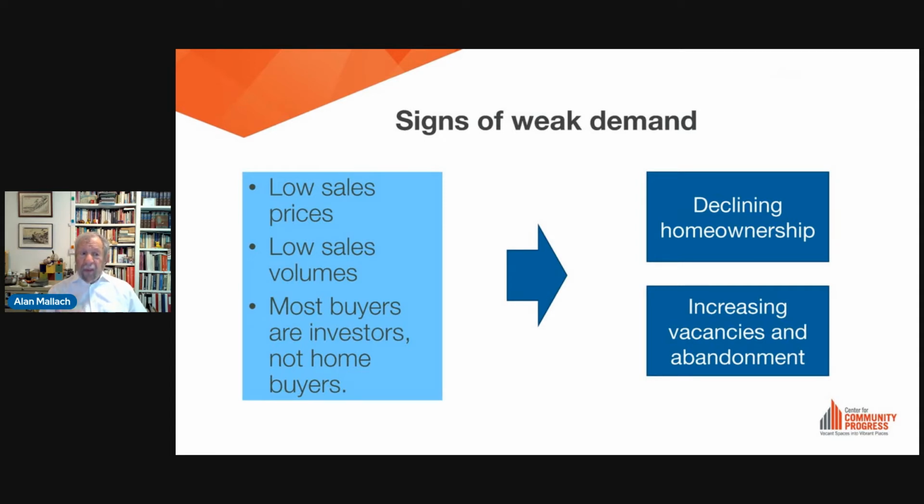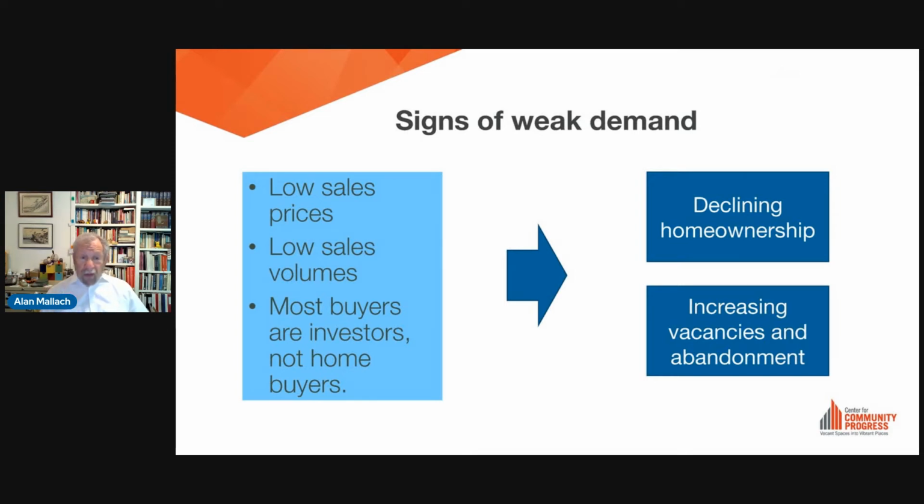And if you're somebody who is a credible would-be home buyer, then below some point, a lower price doesn't really help you particularly. So clearly prices that are too high are a problem, but prices that are too low can also be a problem because they discourage maintenance, they discourage investment, and they encourage short-term speculation and milking.